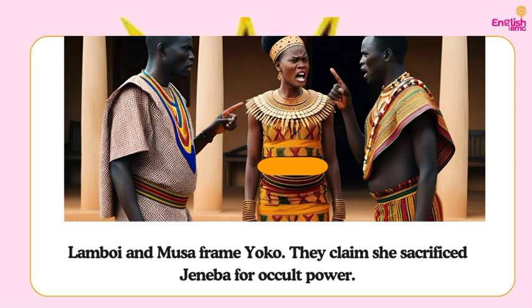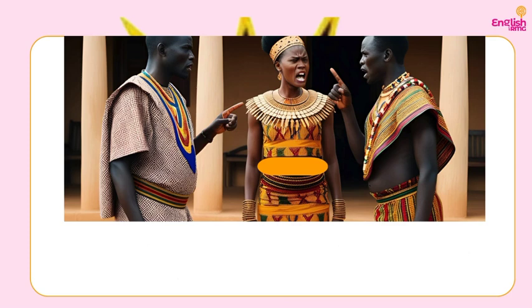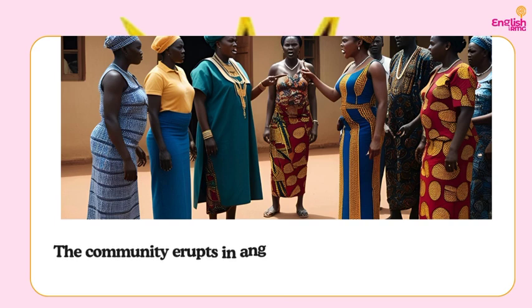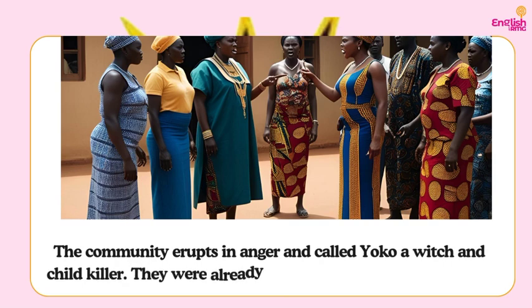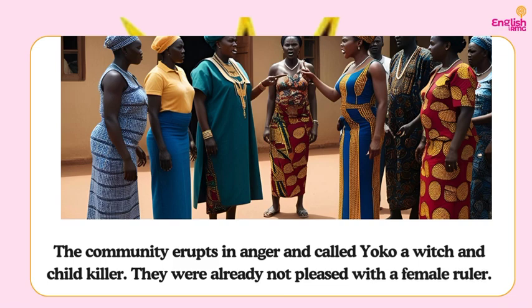The community was already furious about having a female leader, at least many of them. So it was easy for them to believe Lamboy, and they all erupted in anger and called Yoko a witch and child killer. The community finally turned against Yoko, and they were angry that their leader would kill an innocent child in their own community, all because she wanted fame and power.